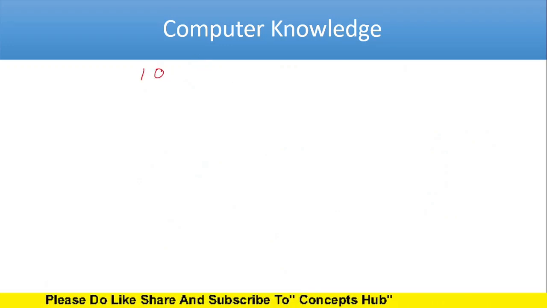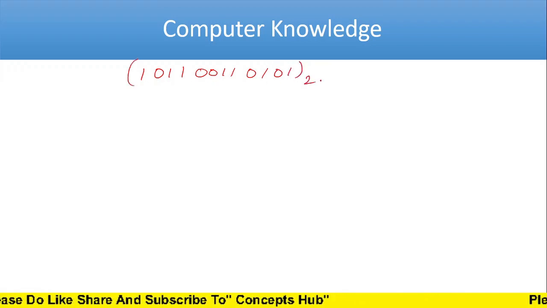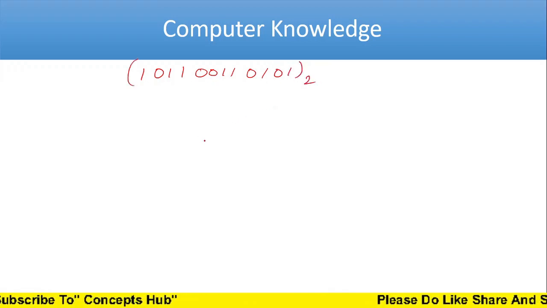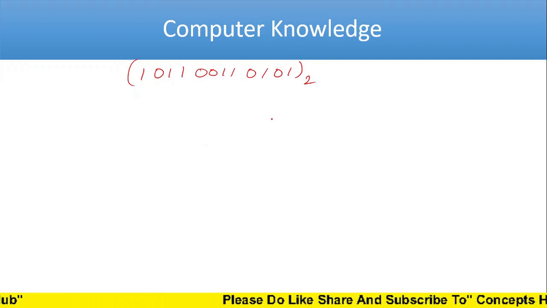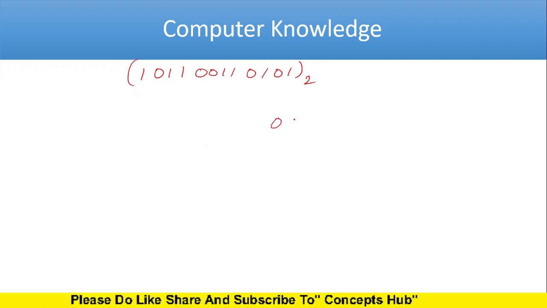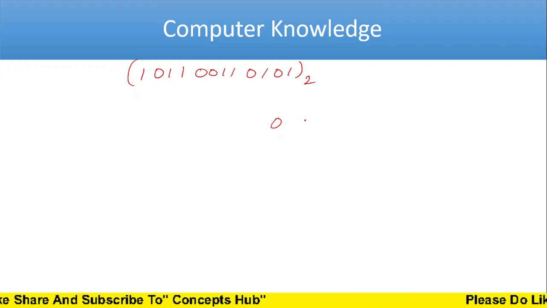Yeah, we'll solve one more problem to understand it. 1 0 1 1 0 0 1 1 0 1 0 1 to the base 2. Again, what I said, we will separate it into bits of 4 when solving for hexa. If it is octal, it is 3.